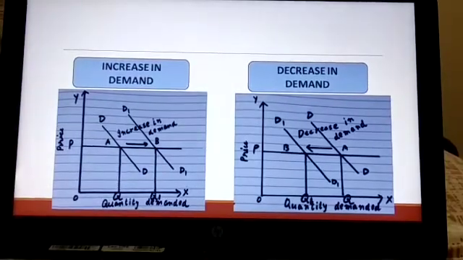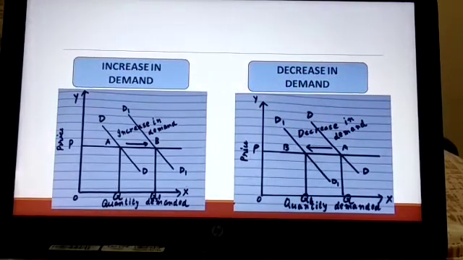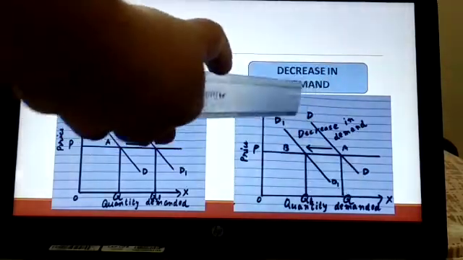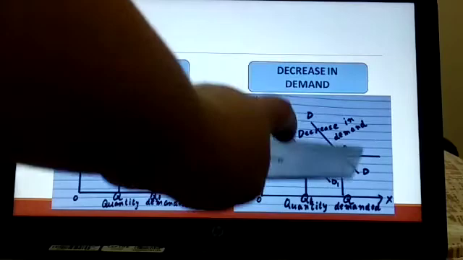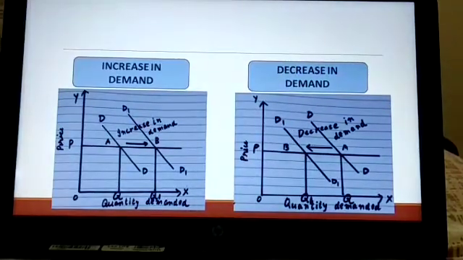Same way in decrease in demand, you can see at the same price, the price remains the same. This is the initial demand curve DD, and this is the quantity Q. When the demand decreases due to some other factor, suppose I gave the example of income, I gave the example of taste and preferences. The taste and preferences are not in the favor, social custom has stopped. So in that case the demand for such commodity will decrease.